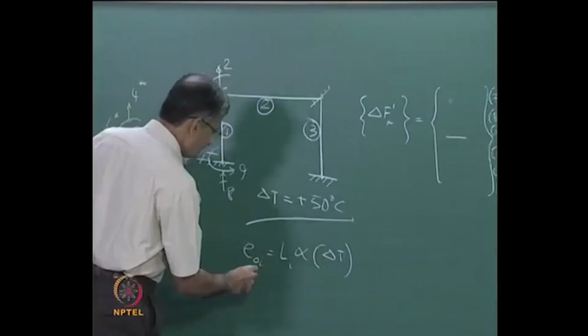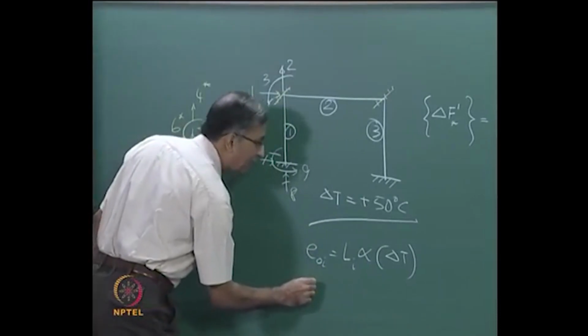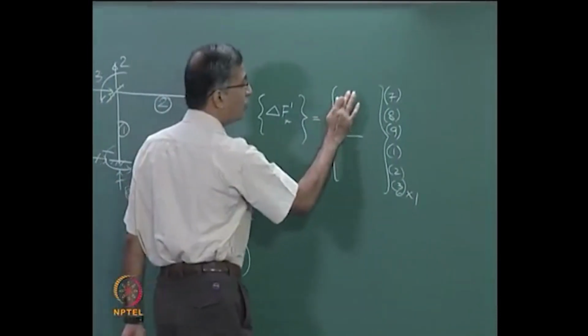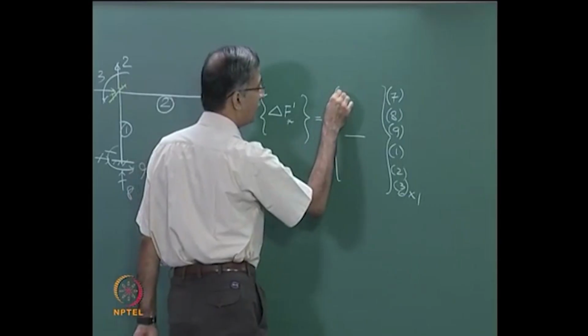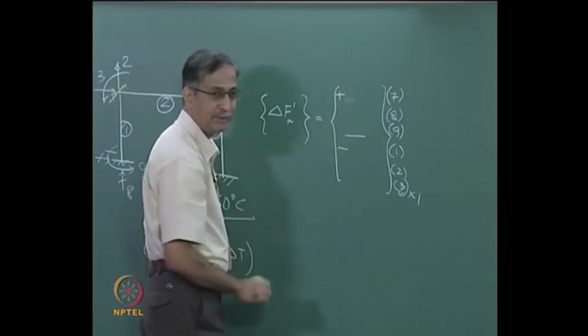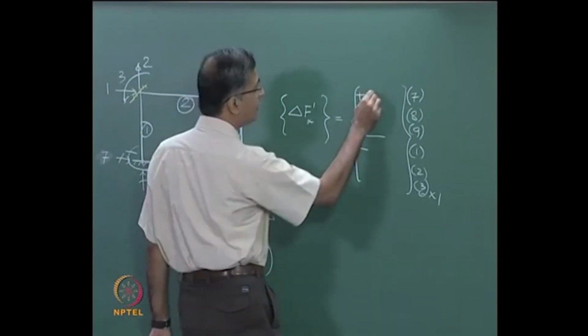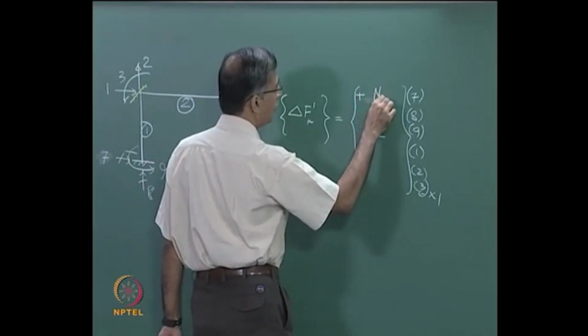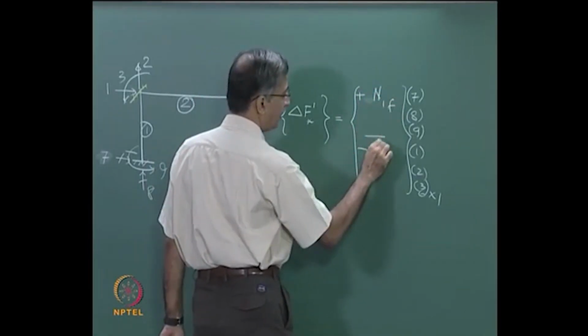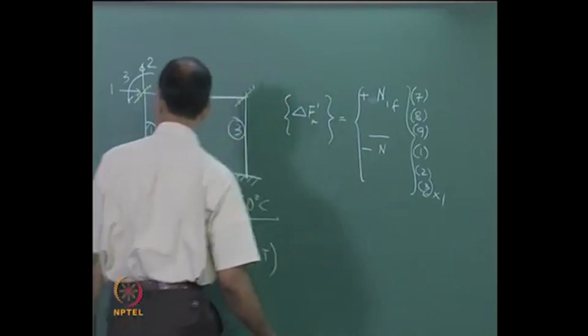So what would this quantity be? This will be positive and this will be negative of, let me write, N1F. That's 8 and 2, I'm sorry.